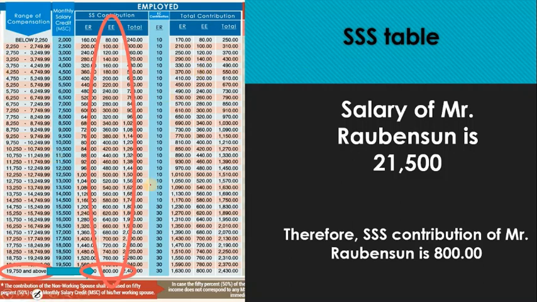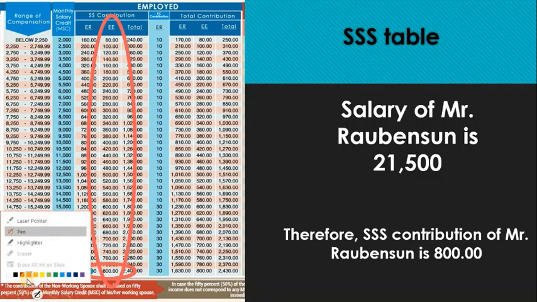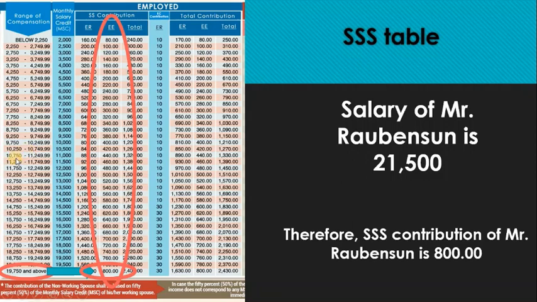So last example. Wait, I'm looking for my cursor. There you have it. Okay, so last example is my salary is 10,000. Where does 10,000 belong? 10,000 belongs here, right? This is the 9,750 range.